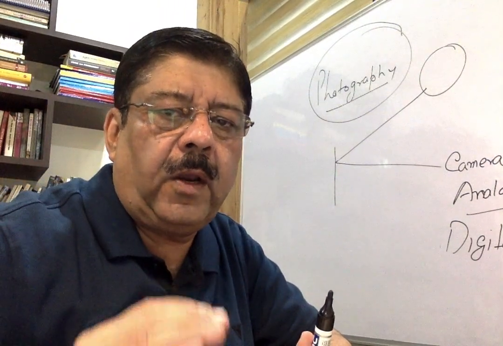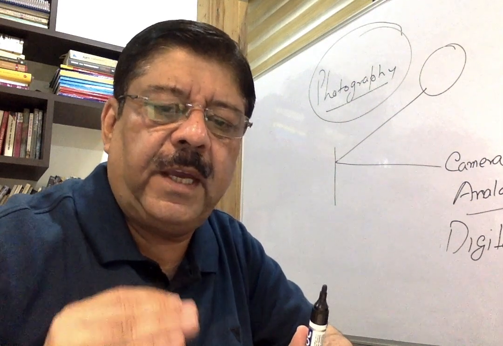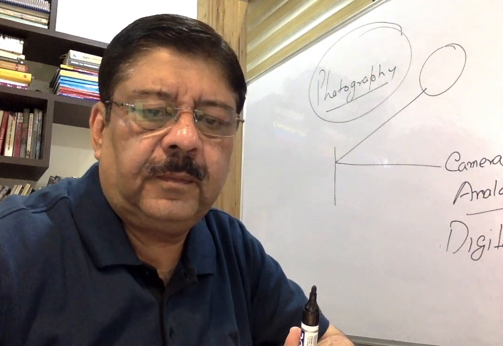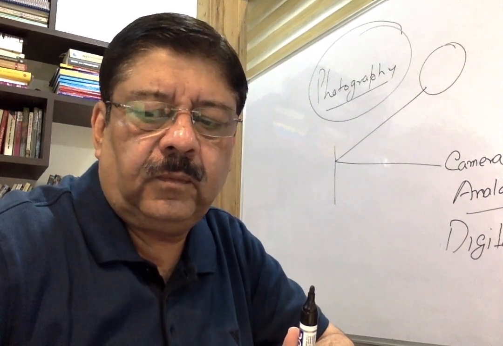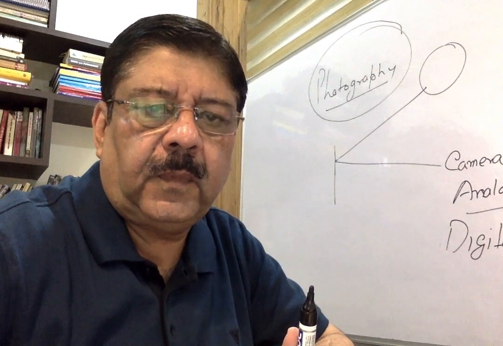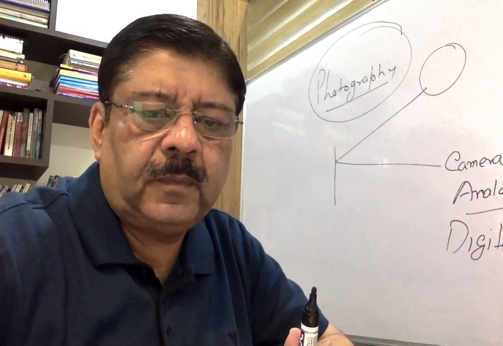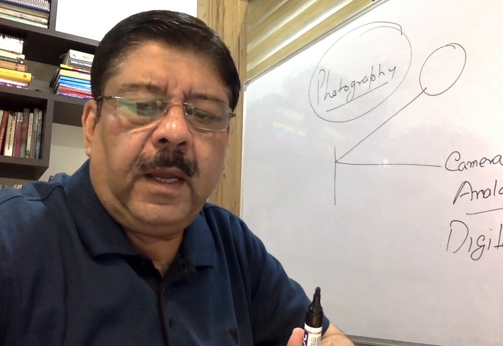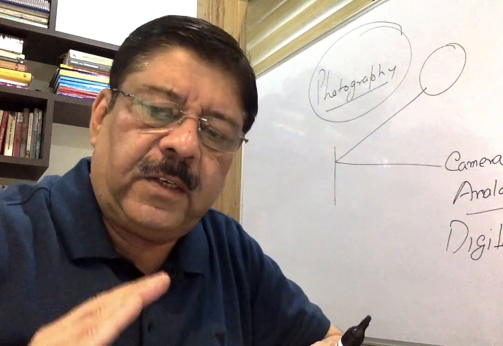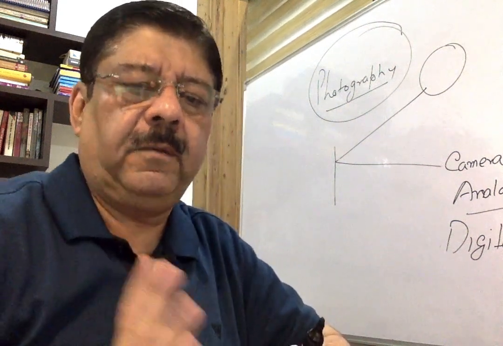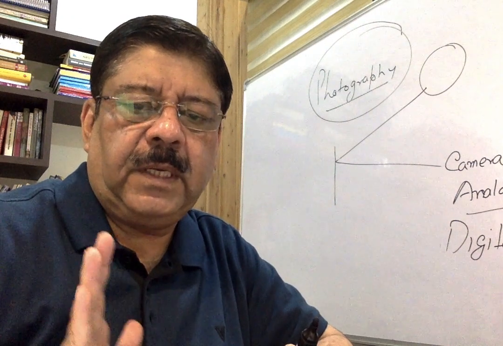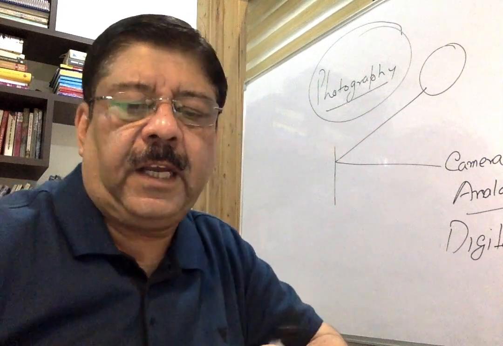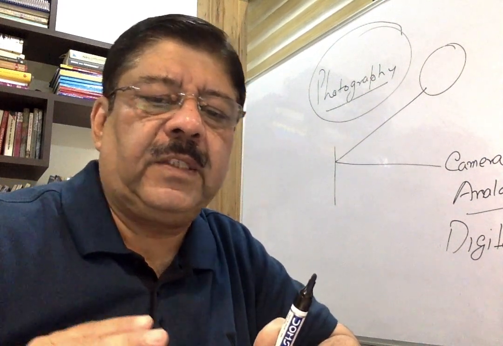A digital camera saves the image in some format, coding it. Yes, it also saves the image, but digitally. It is not on a film, it is saving digitally. You can afterward take a printout of that, but it saves it digitally.